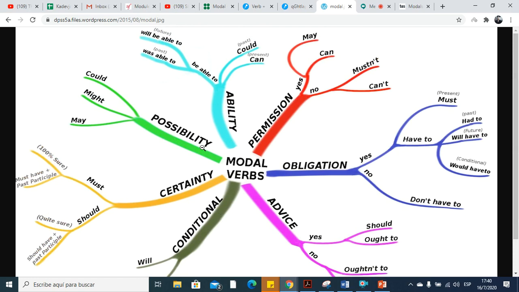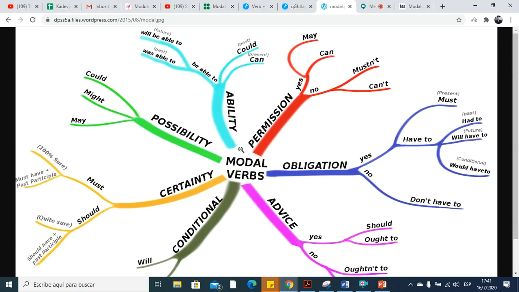Ahora, possibility, for possibility we have either could, might, or may, as examples we saw in the Word document. And then we have ability, we have past ability such as could, or we have ability such as can. Por el momento ignoren todo esto que dice will be able to, was able to, be able to. Lo mismo acá. Esto que dice must have plus past participle should have, eso ignórenlo.